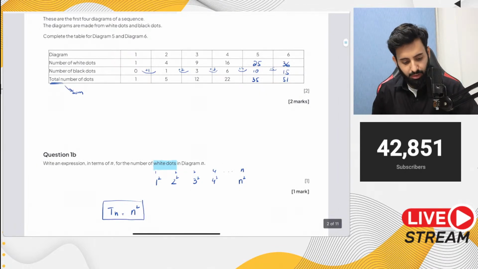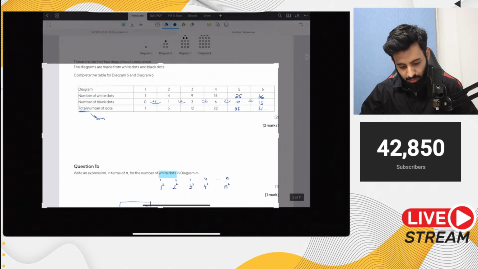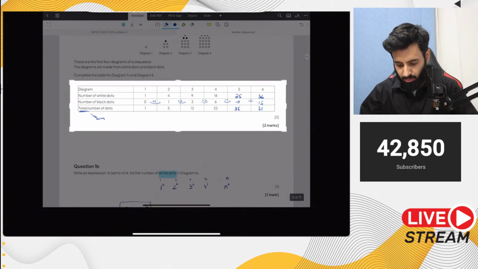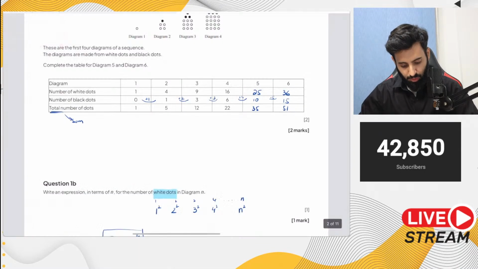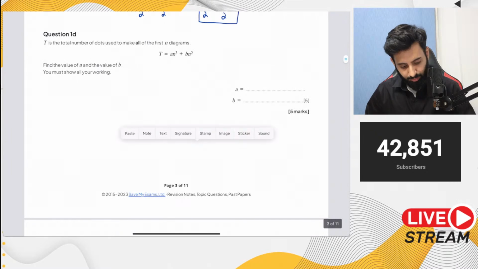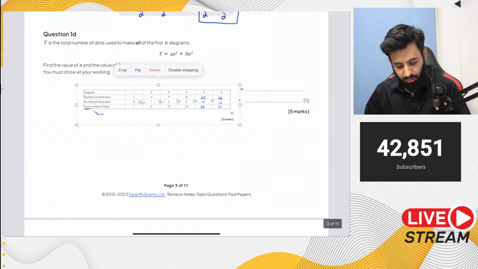I'm going to quickly take a picture of this and bring it over here. You notice that this is a cubic sequence.